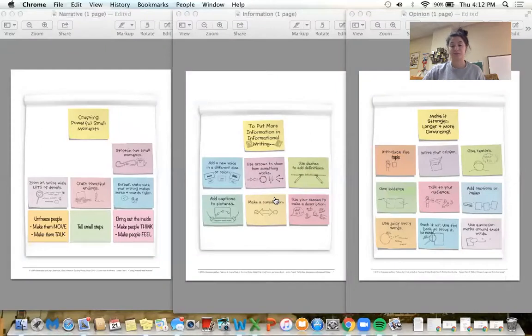So the first step you want to take is you want to go back to that piece you were writing the other day. Find your genre chart, okay, narrative, information, or opinion. Look back in your piece and find what you are missing. Write all those things down on a Post-it. And today you're picking 2 that you want to go back and fix in your writing throughout the whole piece, not just in 1 or 2 spots.